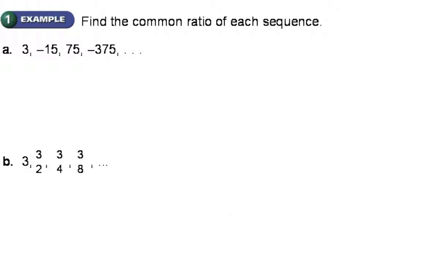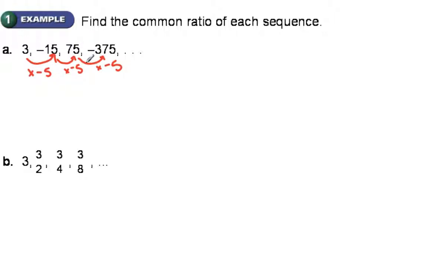And I guess that would be relative, right? Okay, so 3 to negative 15, what are we doing? Multiplying by negative 5. Negative 15 to 75, multiplying by negative 5. 75 to negative 375, multiplying by negative 5. And we know we're multiplying by a negative because it goes positive, negative, positive, negative.